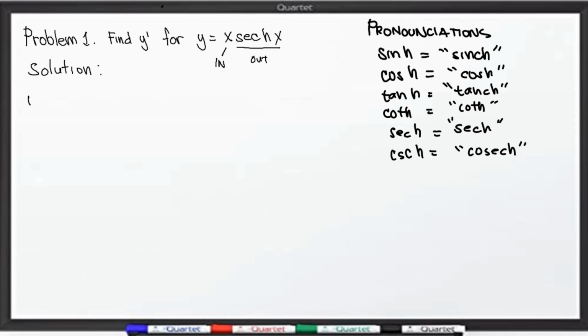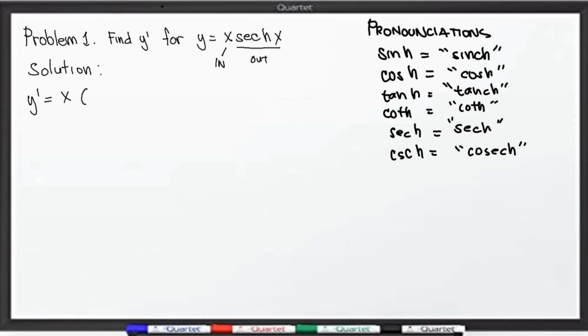Therefore, we say y prime is equal to, we copy the inside, x, and then we multiply by the derivative of the outside. What is the derivative of sech x? Pareho daw po ng derivative, yung trigonometric at hyperbolic, kaya lang nagkakaiba sa sign.